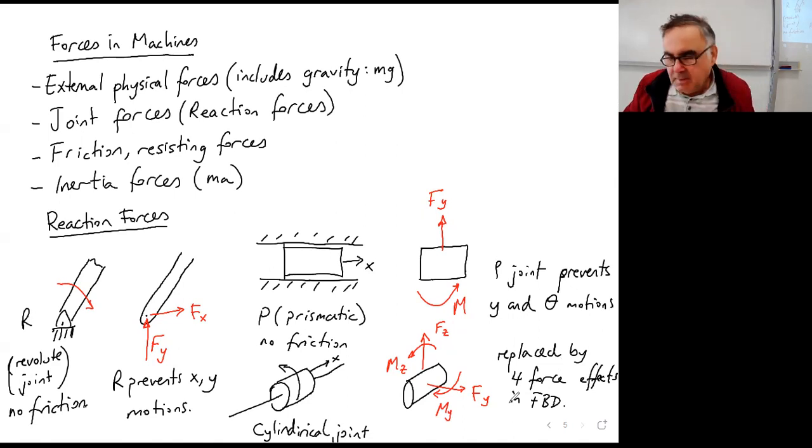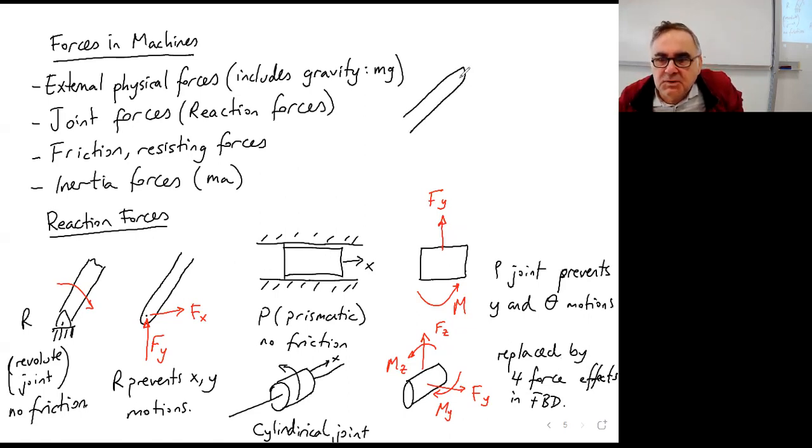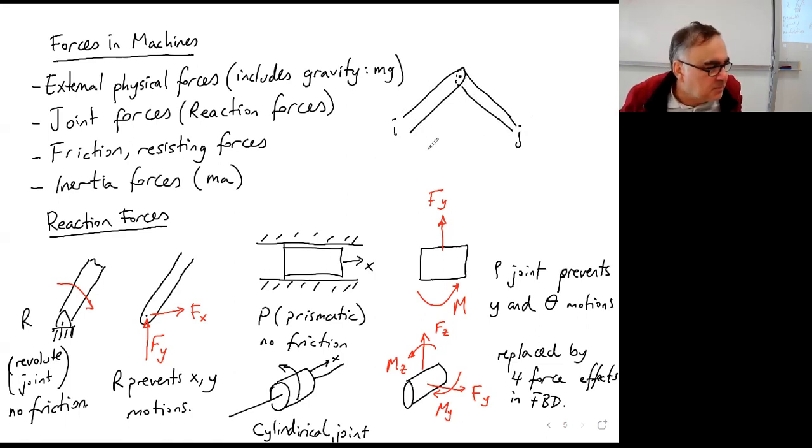One last thing, let me write it here. There's an empty space here. For the reaction forces, if you have two joints connected to each other like this, let's say this is a pin joint, a revolute joint. Let's say this is the ith element, the jth member.